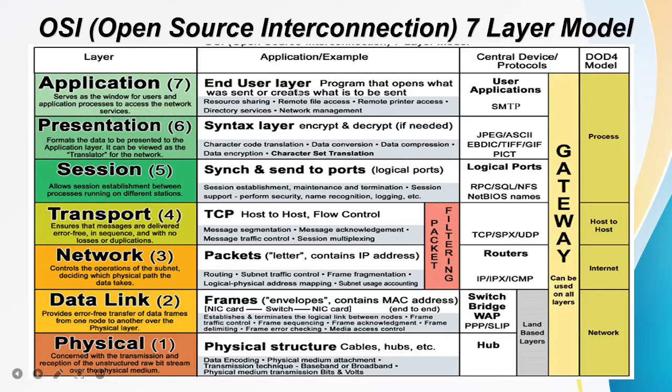The application layer will first send the data to the presentation, then that will send it to session, transport, network, data link and physical. Now the physical layer, by using the cables or the hubs or any infrastructure, is going to pass the data to the next node here.